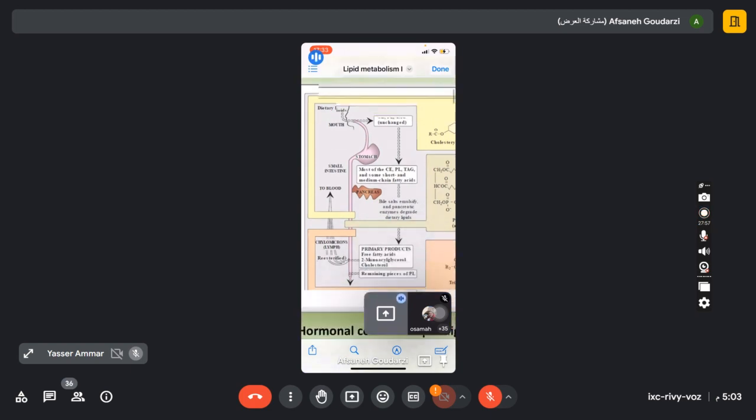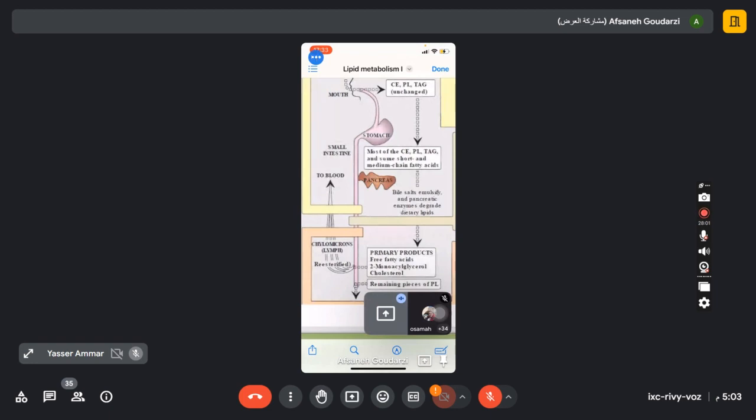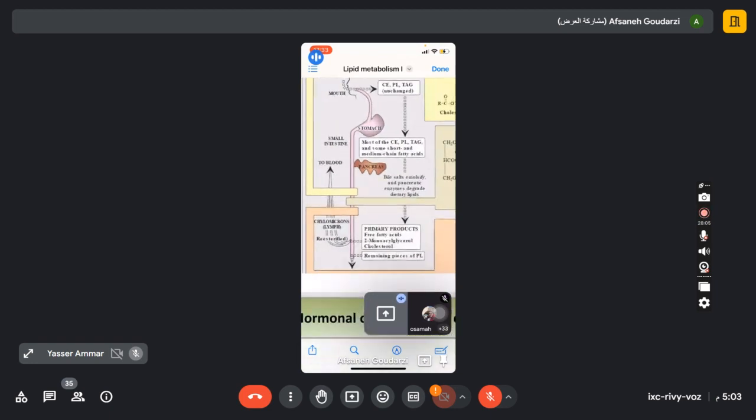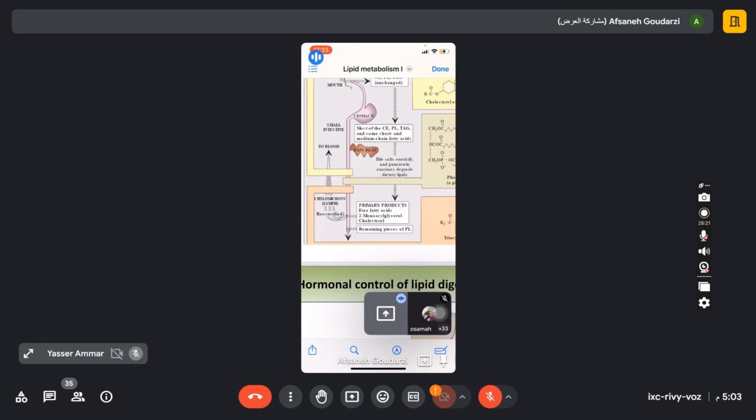In the stomach and in the small intestine, these lipids move and reach the small intestine, and we will have an enzyme from the pancreas, the lipase, which can start to digest these lipids.